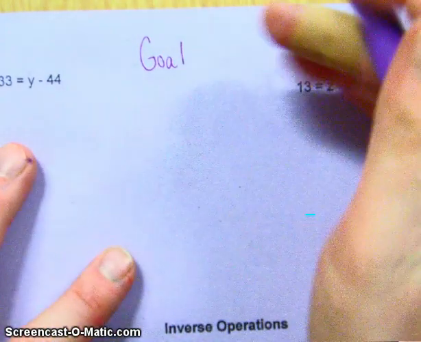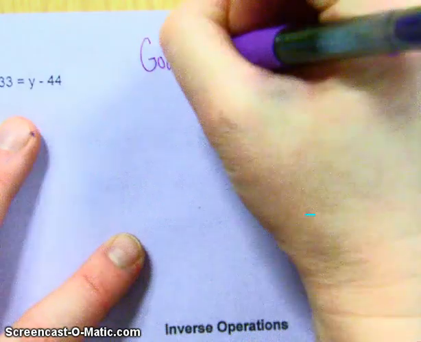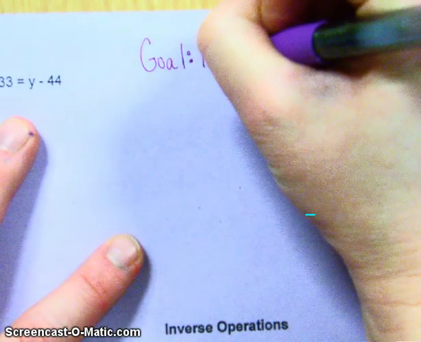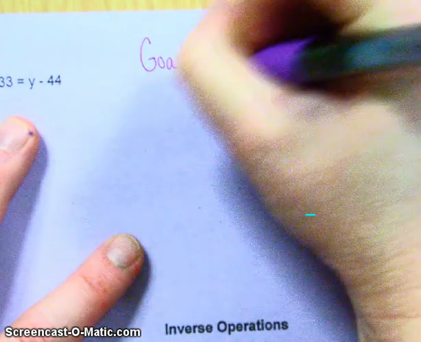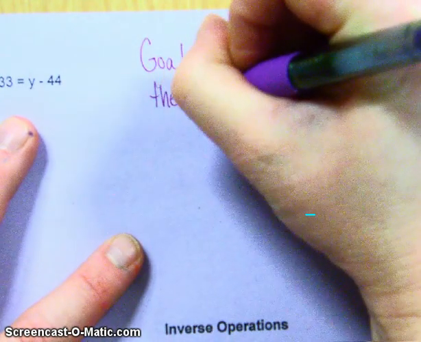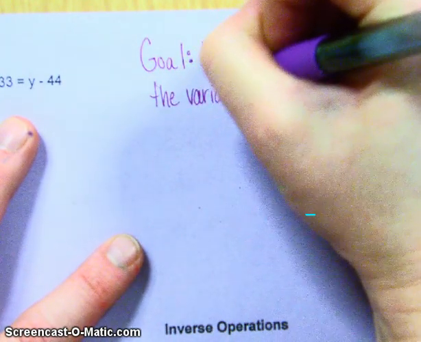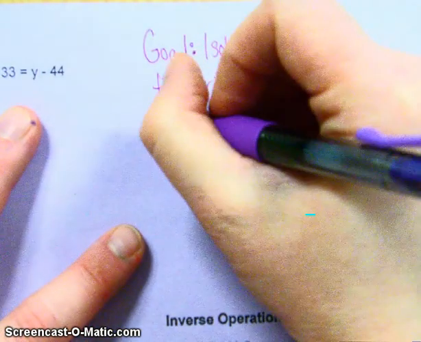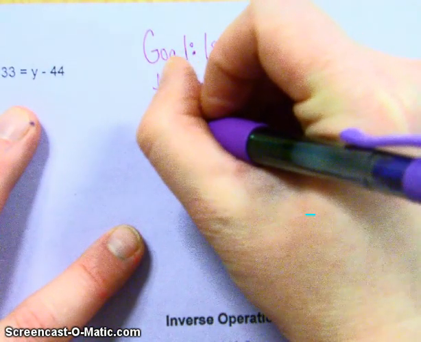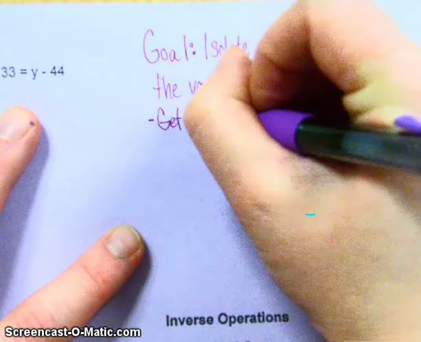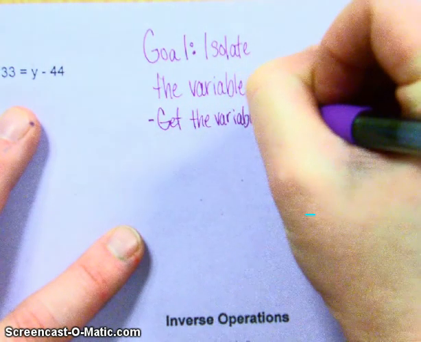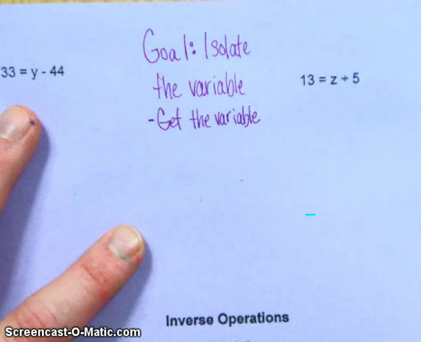And our goal in solving equations is to isolate the variable, very simply. And if you don't know what that means, we are trying to get the variable alone, the variable being the letter that's representing an unknown number.